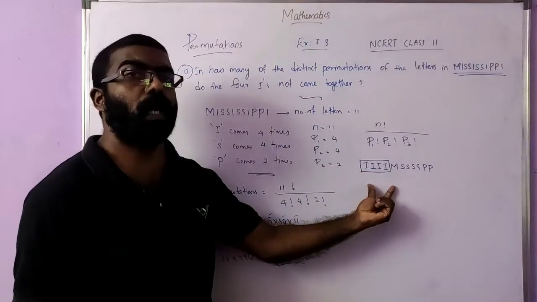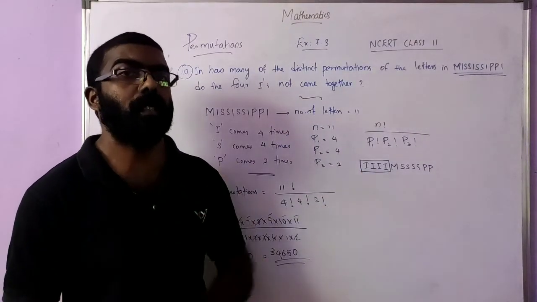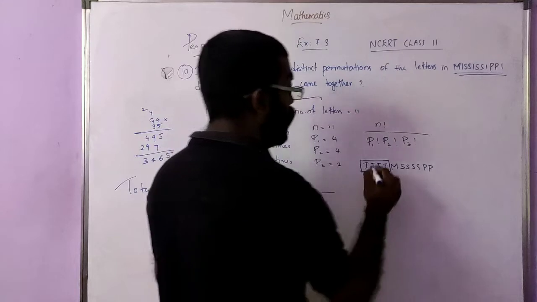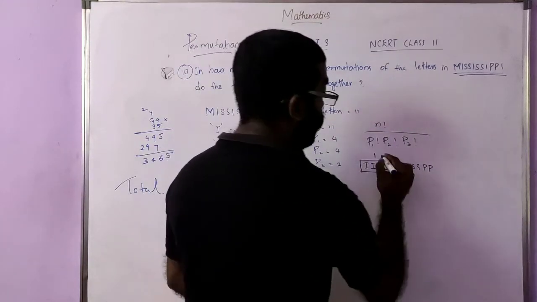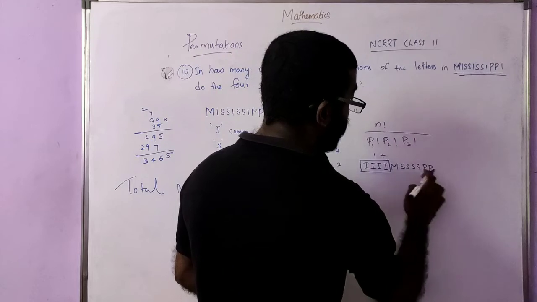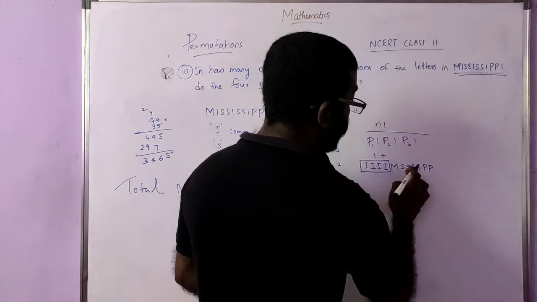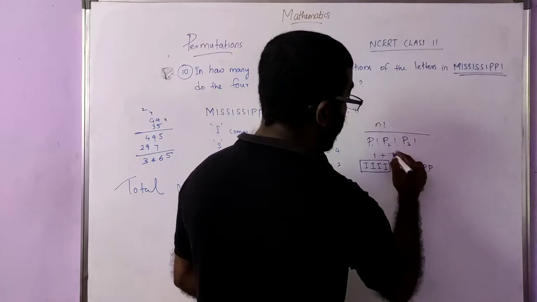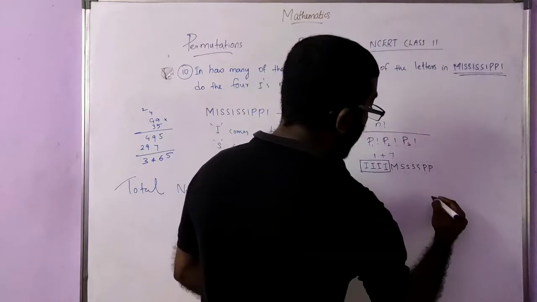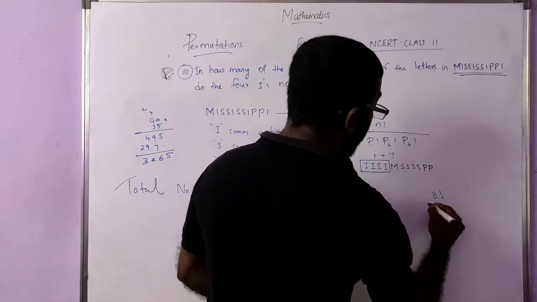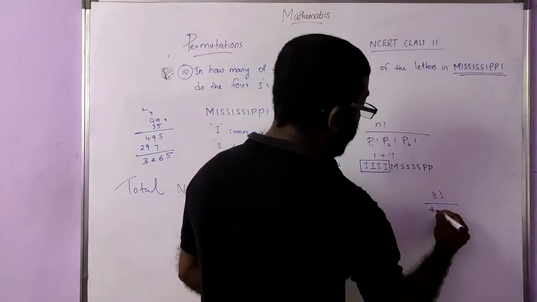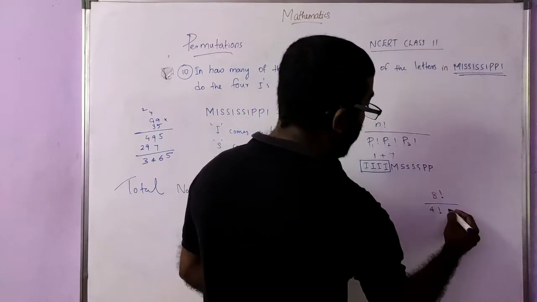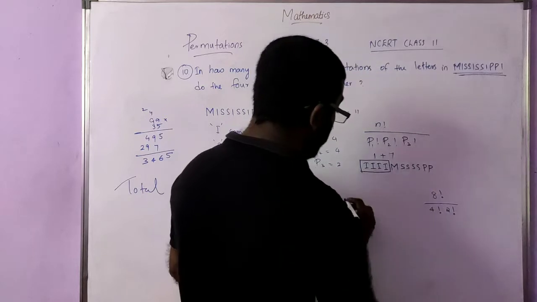So these 4 I's we can treat as a single letter. Okay. So we can count it as 1 because they occurred together. Then plus the remaining letters, we can count 1 2 3 4 5 6 7. Okay. So the total is 8. So 8 factorial divided by, here S repeats 4 times, so 4 factorial into P repeats 2 times, 2 factorial.